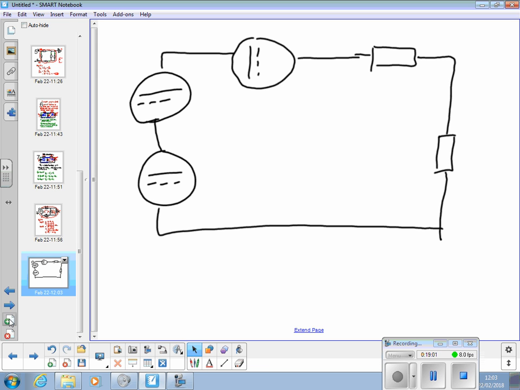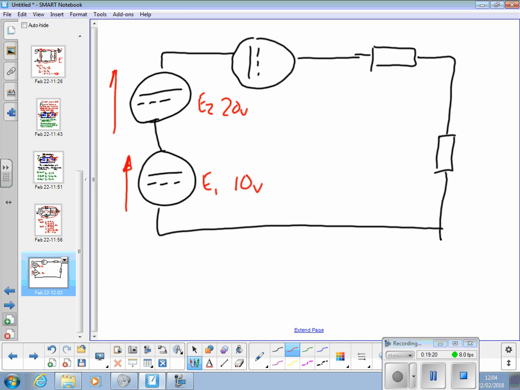I'm going to put some voltage arrows on. So this is E1, 10 volts. Voltage arrow that way. E2, 20 volts. Voltage arrow that way. E3, voltage arrow that way.